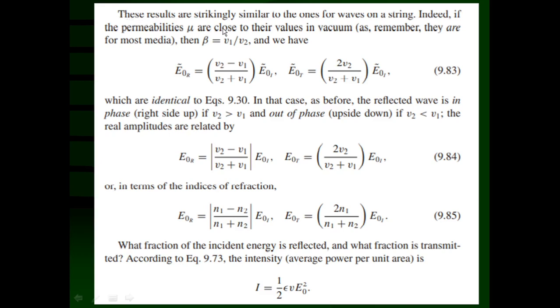These results are strikingly similar to the ones for the wave on a string. Indeed, if the permeabilities mu are close to their values in a vacuum, that means mu is very close to mu0 for almost all matter, as for most media, then beta is equal to V1 upon V2 or n2 upon n1, and we have E0R, substituting beta equal to V1 upon V2, so we get (V2 minus V1) upon (V2 plus V1) times E0I.